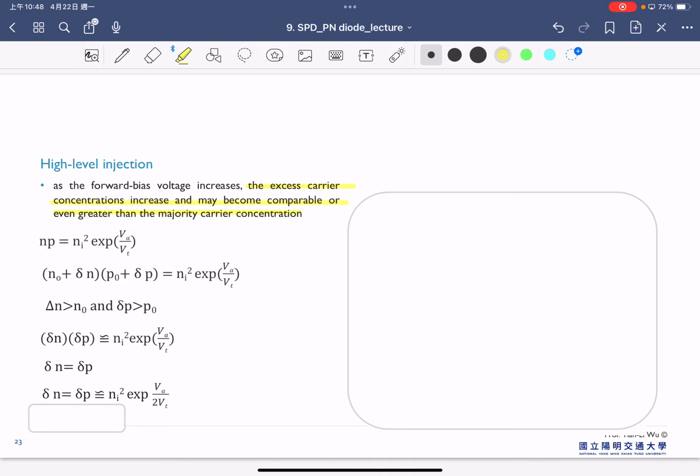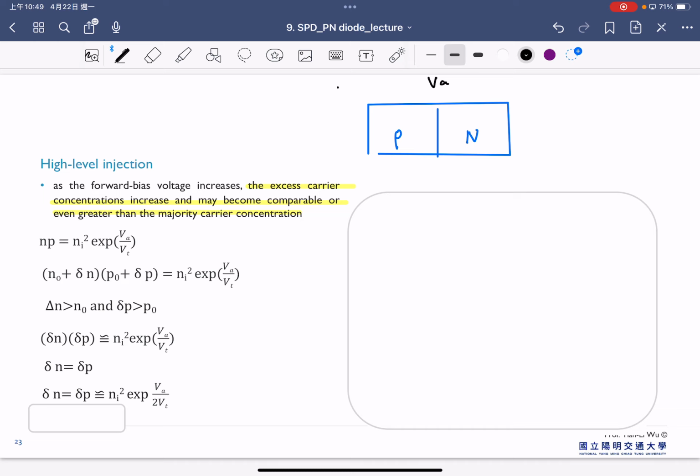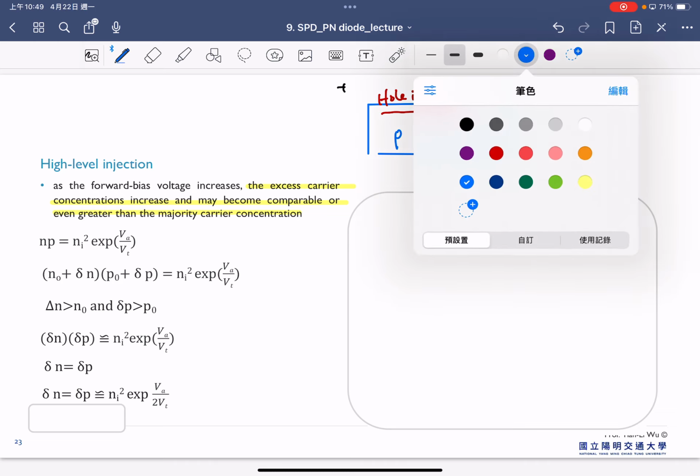So we consider the PN junction here. Now we apply the forward bias. We have the hole injection.